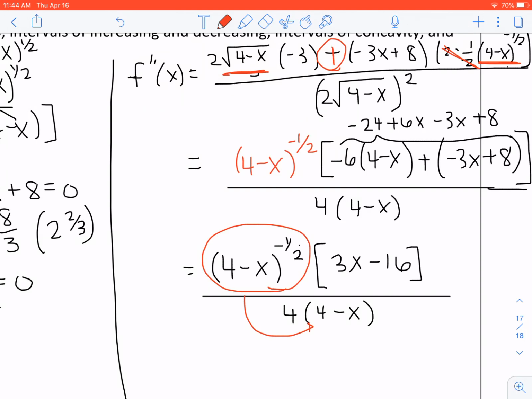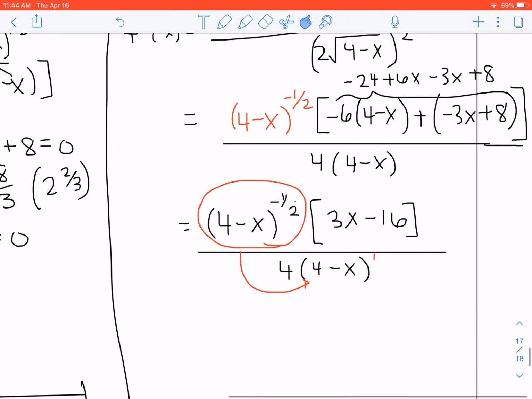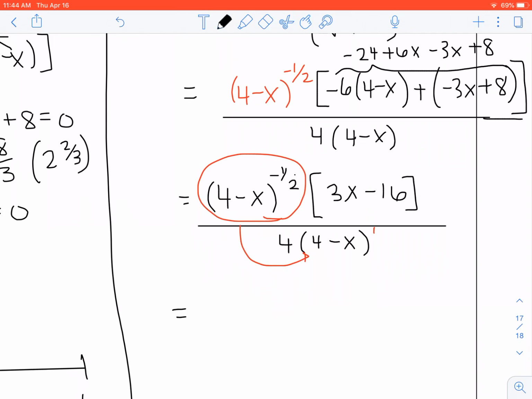And if you notice, you already have a 4 minus x to the first down here. So if you move the 1/2 down there, you're going to have 1.5 or 3 over 2. So rewriting this, we get 3x minus 16 over 4 times the square root of 4 minus x to the third.